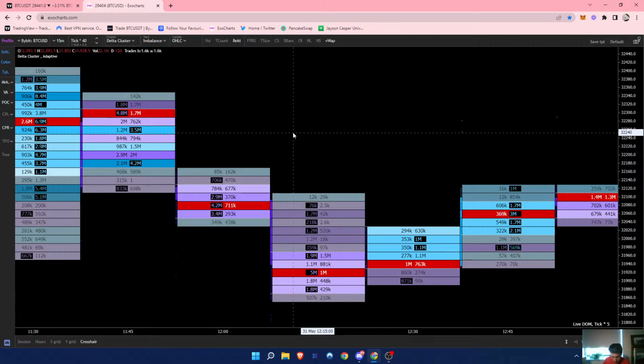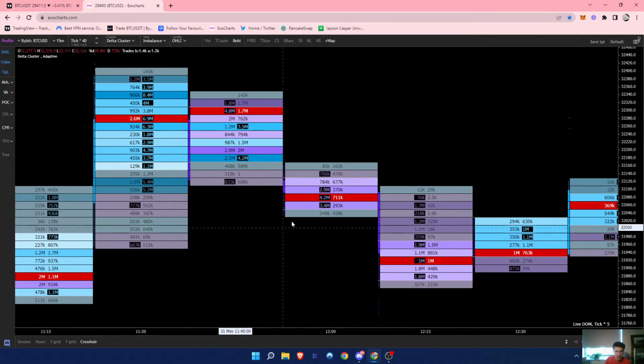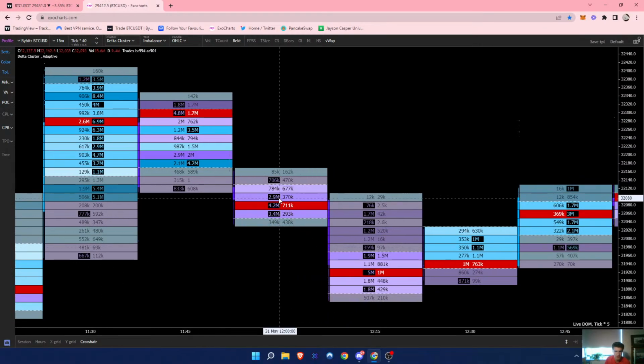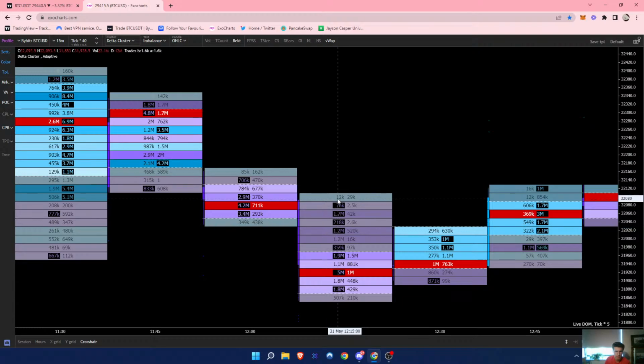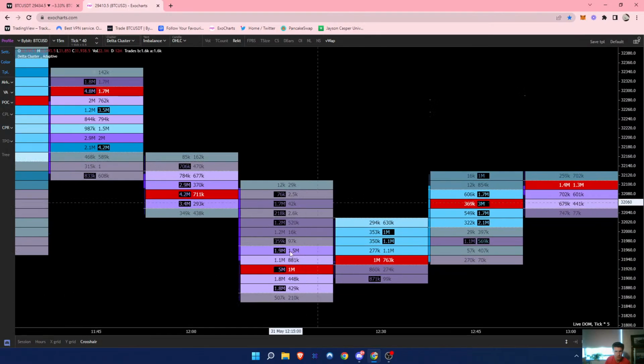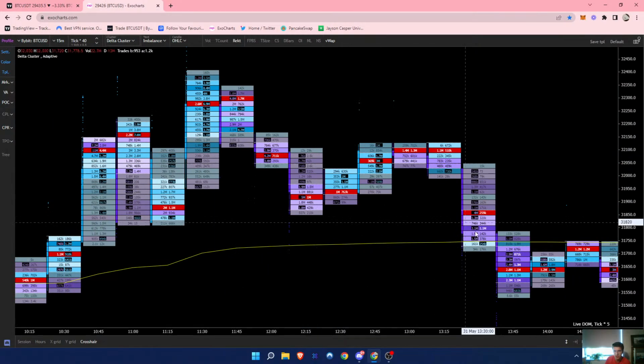So again, whenever you have a long order, there needs to be a seller, and for every seller, there needs to be a buyer. So again, just a prime example of that happening. And here, as we started coming down, even more shorts started coming in, trapping these long orders, and price just continues to dump down and down.